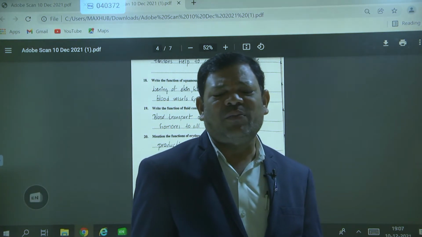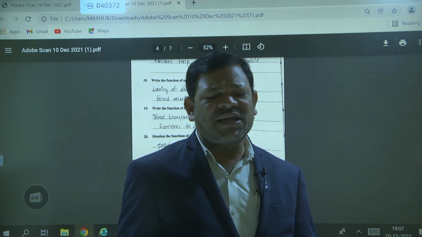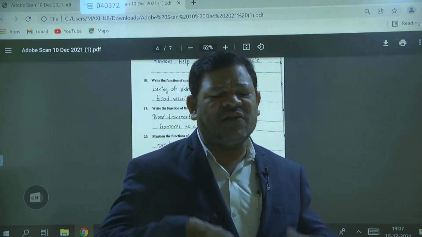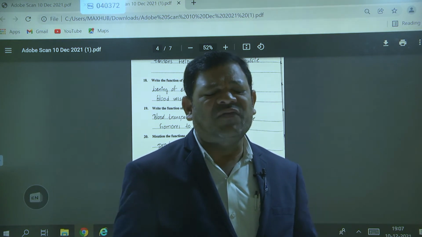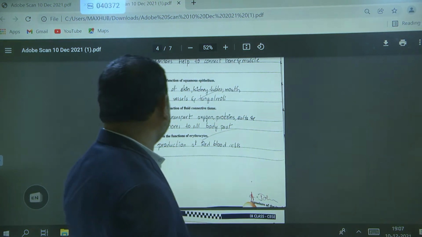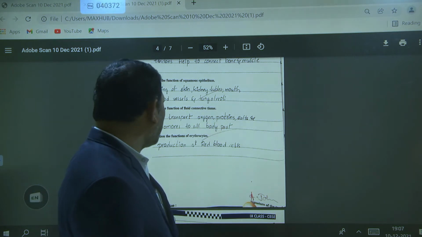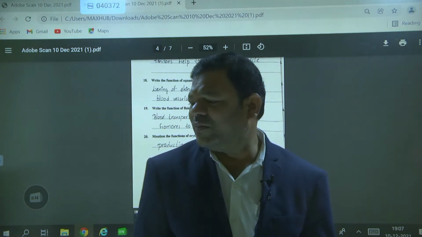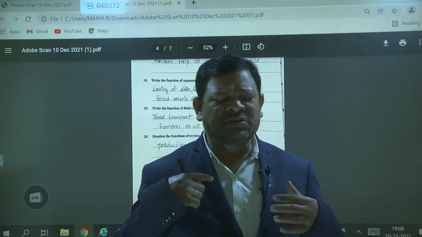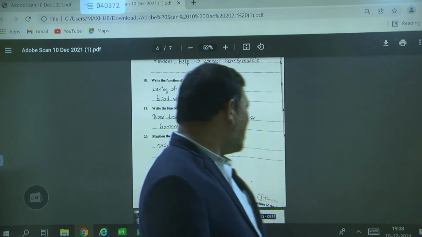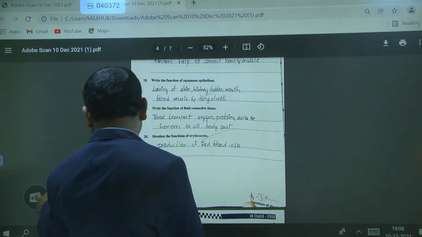Erythrocytes are red blood cells. They help in conducting oxygen to the different parts of the organism.